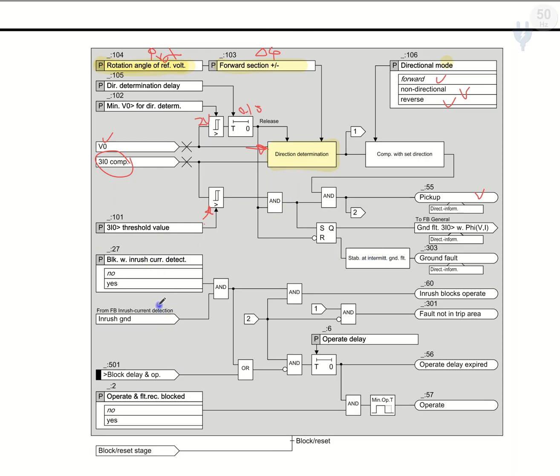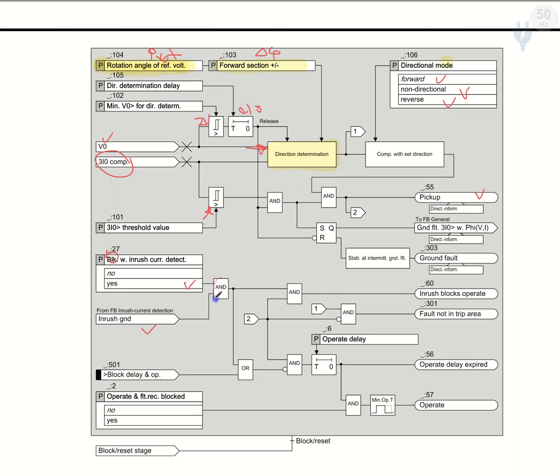Then the remaining part is the blocks we have initially given information about, but the remaining one is blocked by inrush current. If our system mostly has inrush during switching, then in that condition we should use this, so that the function is blocked if there is some inrush on the switching part. When there is an inrush, we select this one as yes.